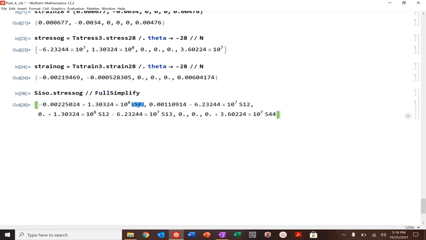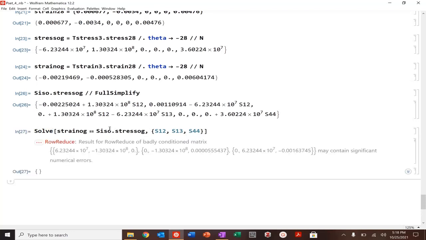So I see I have an equation with S12, S12, S12, S13, and S14. So let's see if I can be lucky and solve the S. Actually, I think I can just do this. Solve strain OG set equal to S-iso dot stress OG, and then S12, S13, S44.